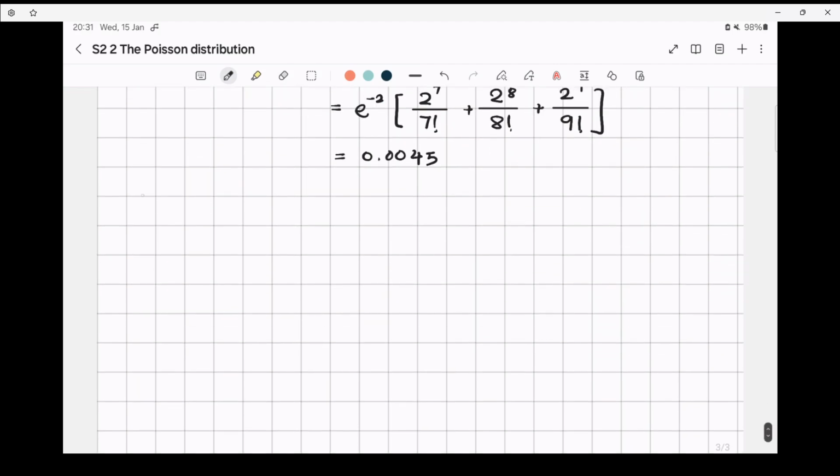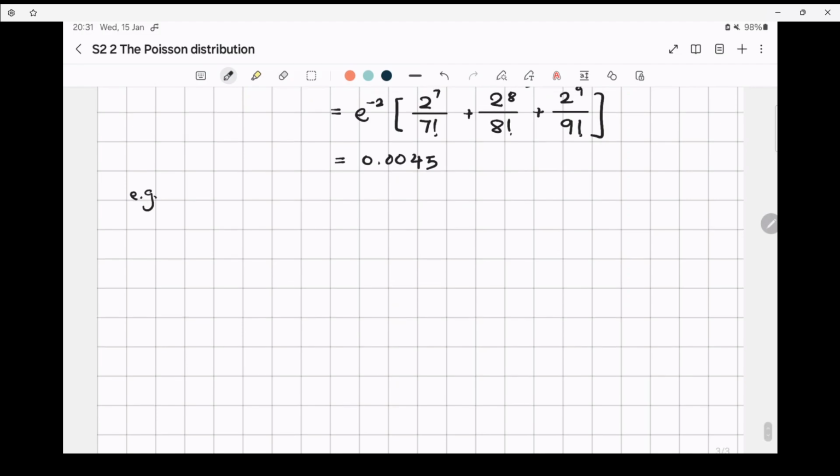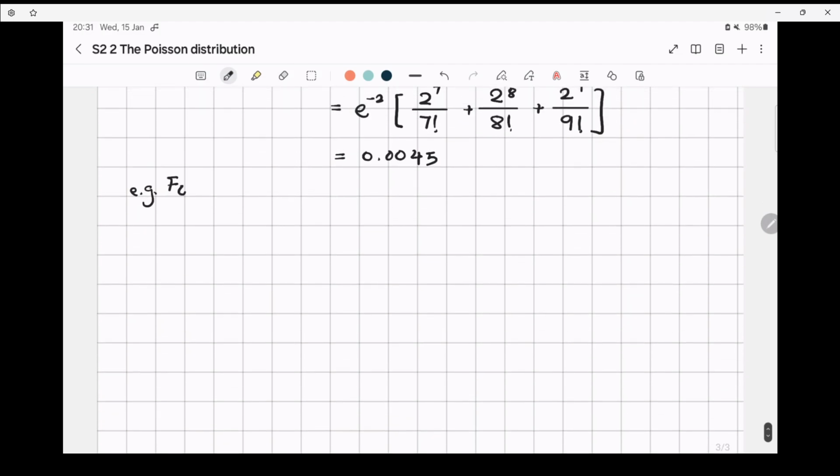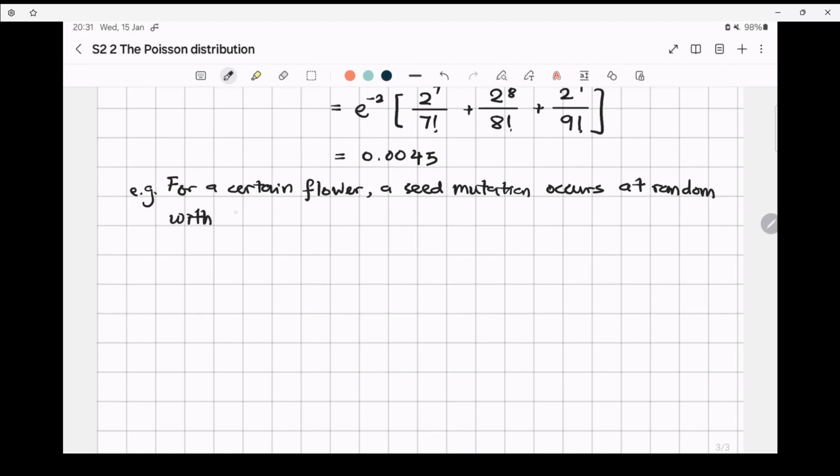Let's look at another example. For a certain flower, a seed mutation occurs at random with probability 0.0004.